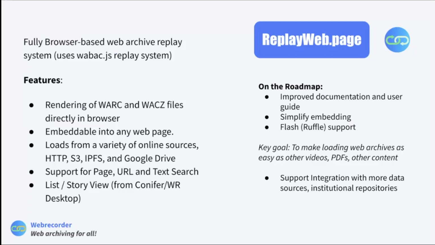It can be embedded into any other web page, and it can load web archives from a variety of online sources, from HTTP, from S3, Google Drive, and even IPFS. And it has built-in page URL and text search, and it also supports lists and sort of a story view from the previous Conifer Webrecorder desktop tools.